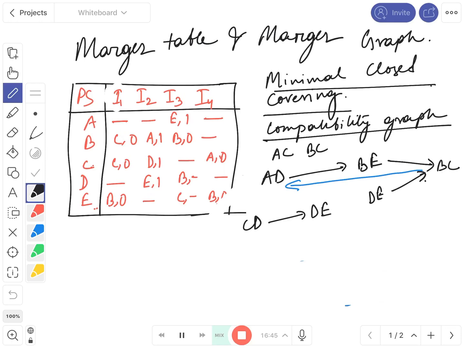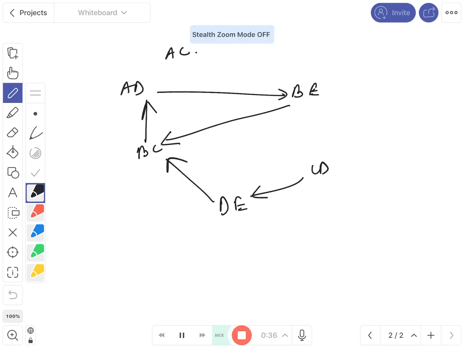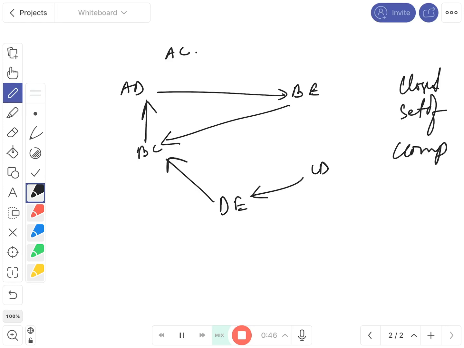Okay, fine. So it is okay. Now, this is my closed set of compatibles. I have to find out first the closed set of compatibles, right?